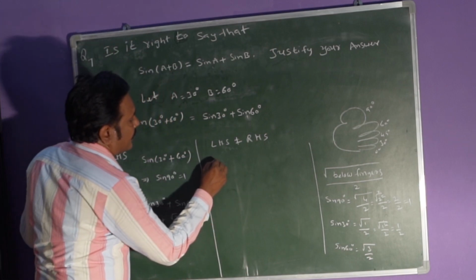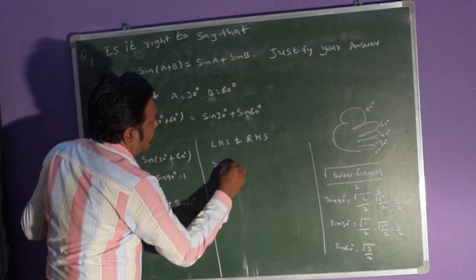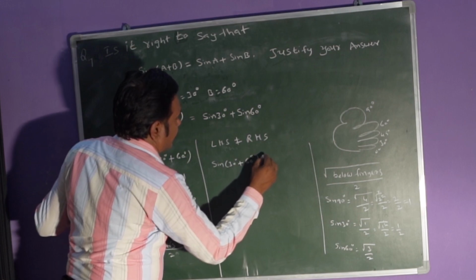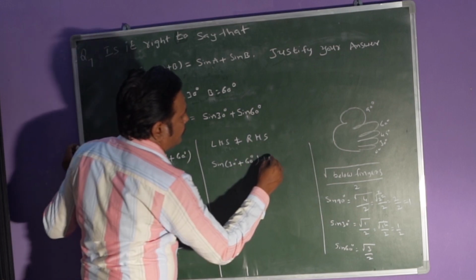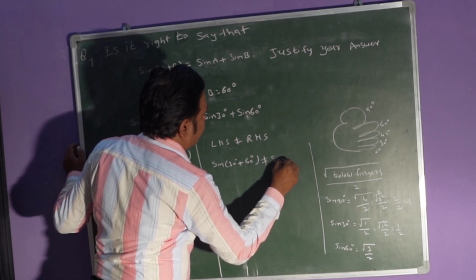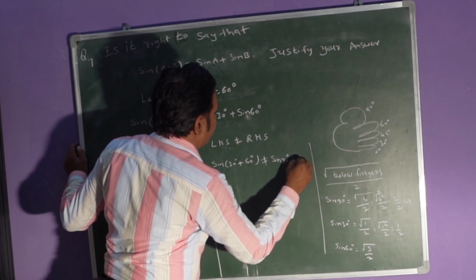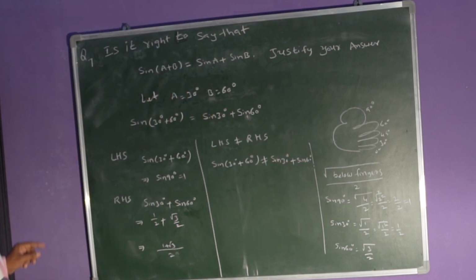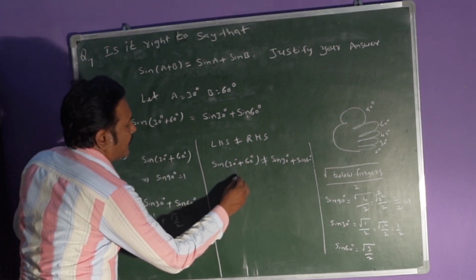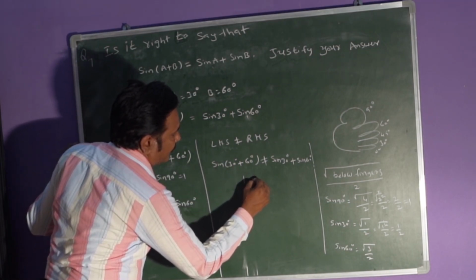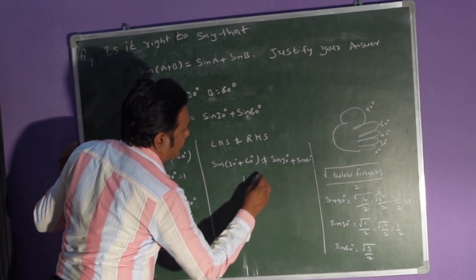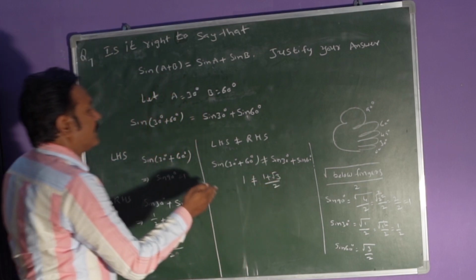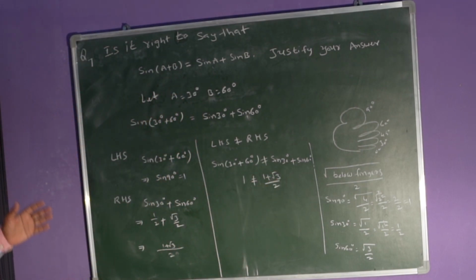That means sin of 30 degrees plus 60 degrees is not equal to sin 30 degrees plus sin 60 degrees. These both are not equal. Why? Sin of 30 degrees plus 60 degrees value is equal to 1 and this value is 1 plus root 3 by 2. These both are not equal.